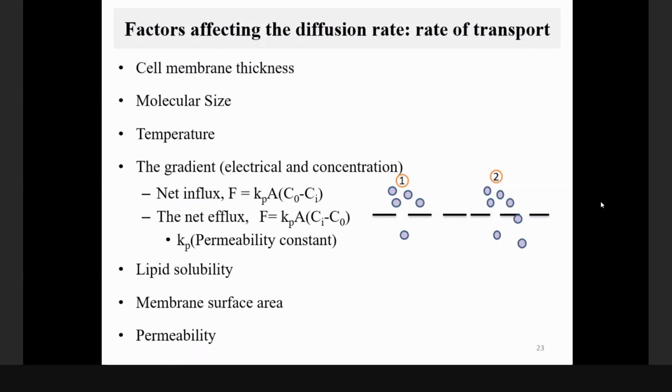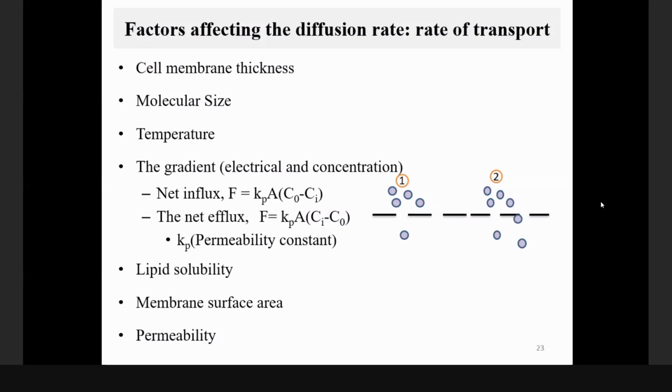And in the case of the passive transportation process, there is what we call diffusion rate, because in passive transportation there is diffusion. Diffusion is the random movement of substance from high concentration into low concentration.